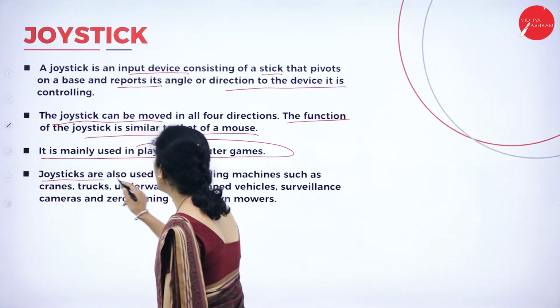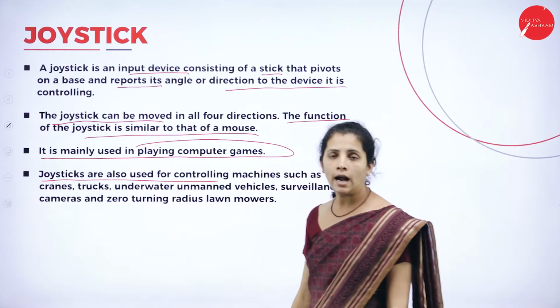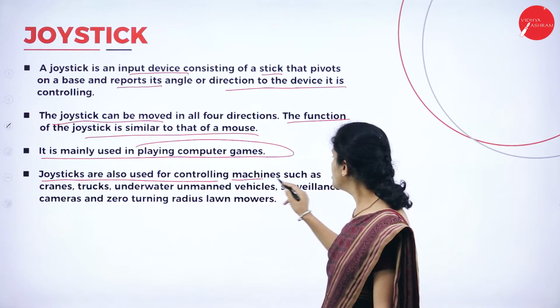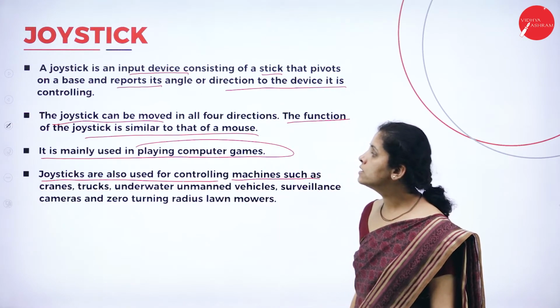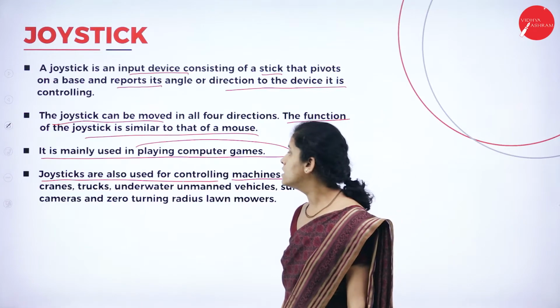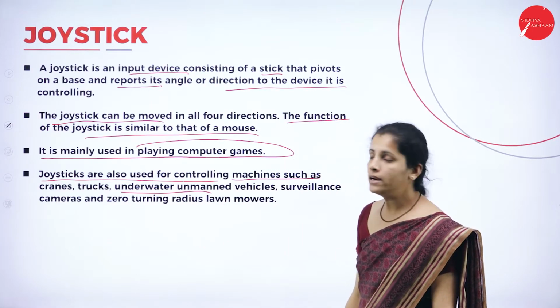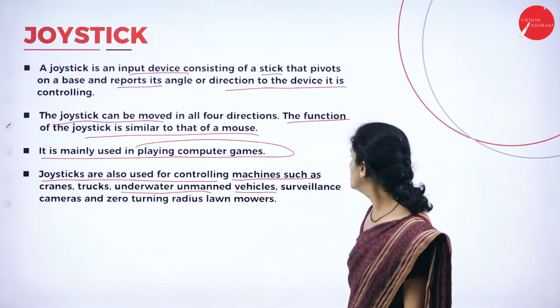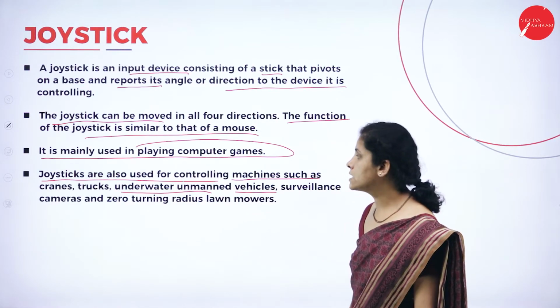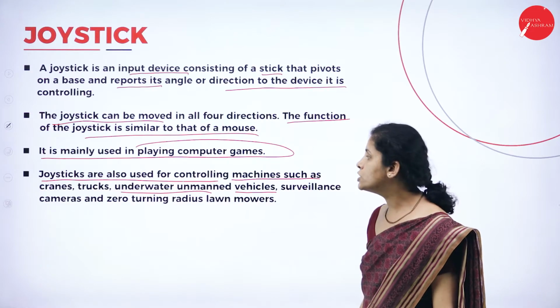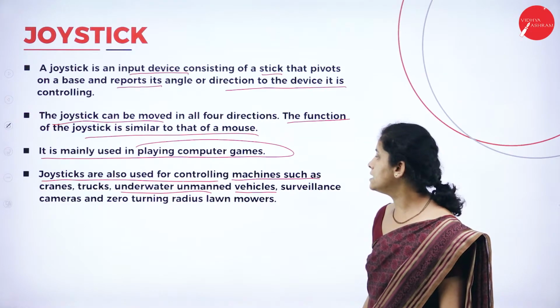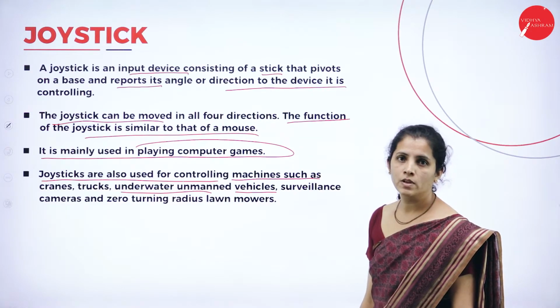Joysticks are also used for controlling machines such as cranes, trucks, underwater unmanned devices, surveillance cameras, as well as zero turning radius lawn mowers.